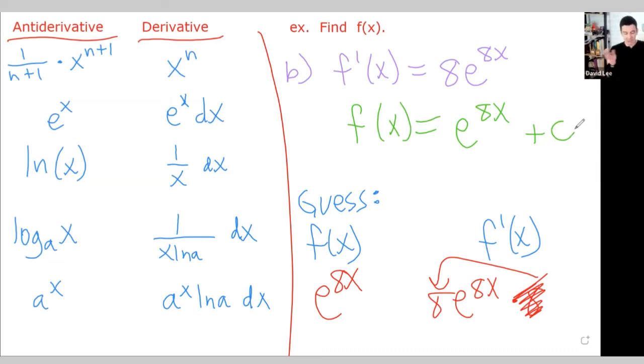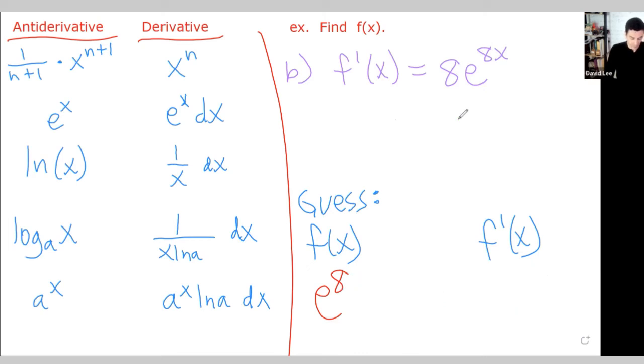So whenever you're doing this, like on a homework or quiz or classwork, you can check your antiderivative for accuracy by taking the derivative of it. So if I take the derivative of this, do I get this back? Yes, I do. And so this is correct. Okay? Let's do several more of these.